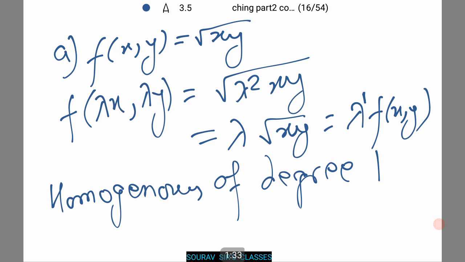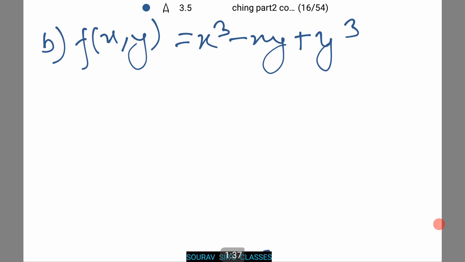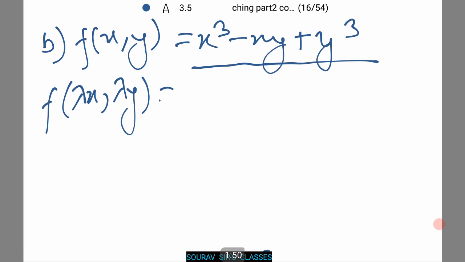Let's try out another, a little bit more difficult question. Now we have a function that's a little bit different. We have x cube minus xy plus y cube. In order to check homogeneity, we'll again put lambda x, lambda y in this function. Let's see what this comes to.